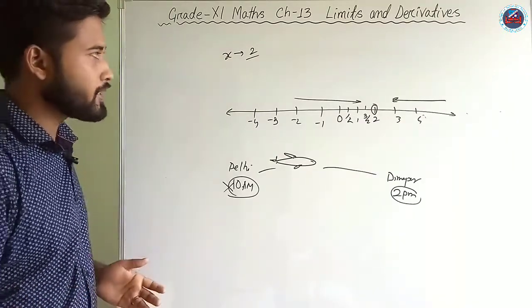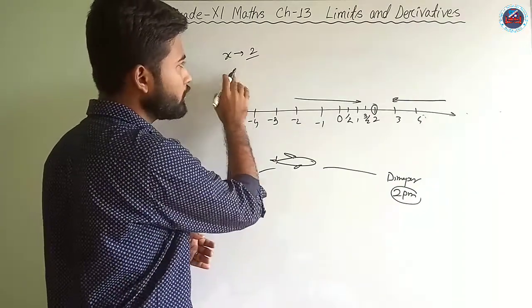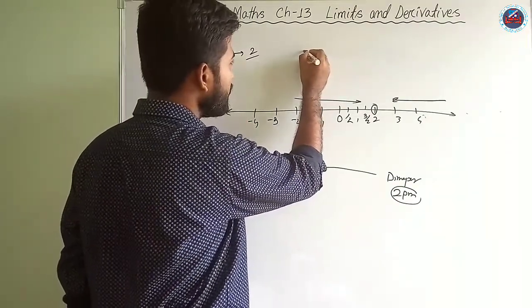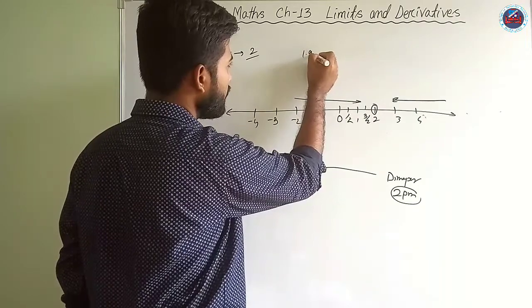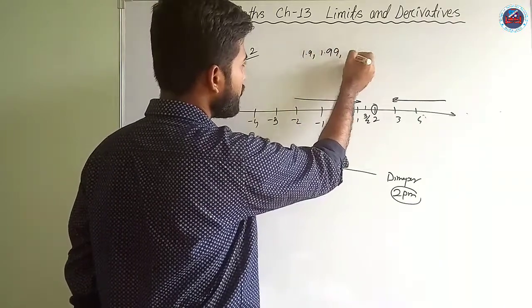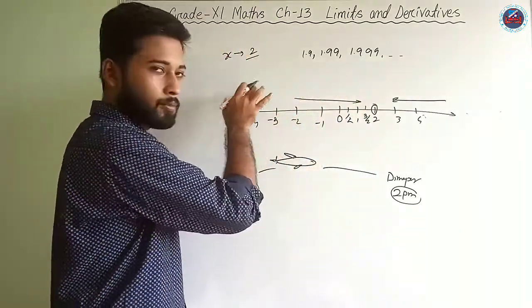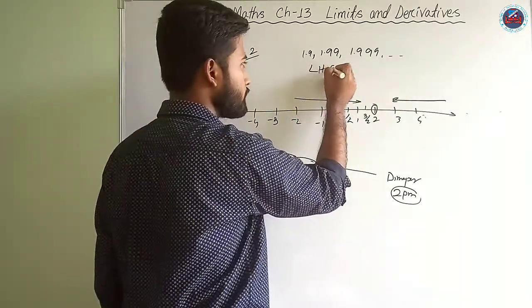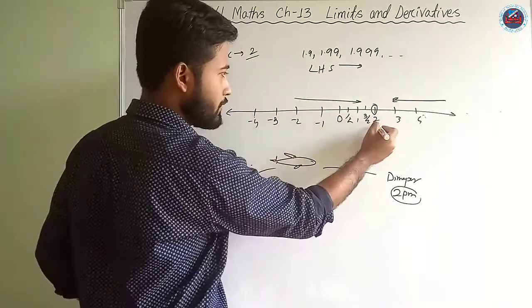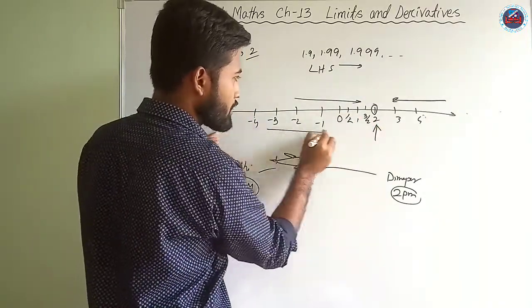So if we want to find the limit of a function at the point 2, then what are the possibilities if x is tending to 2? It will either be the points 1.9, 1.99, 1.999 and so on. That is, it is tending from the left hand side, from this side. If this is our 2, then it is coming from this side.